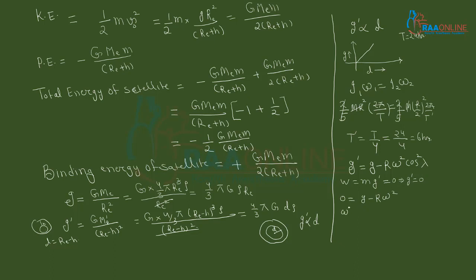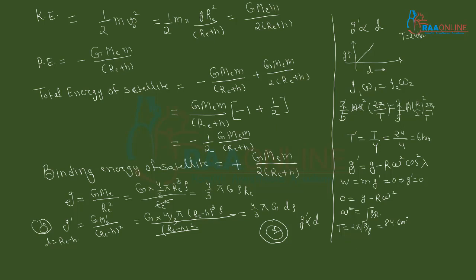So omega² should be equal to g by R. Omega should be equal to root g by R. Omega is 2 pi by T. So T is equal to 2 pi root R by g, means 84.6 minutes.